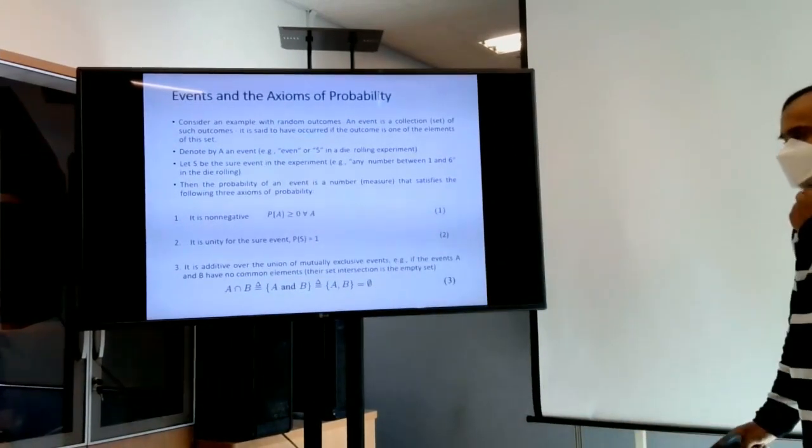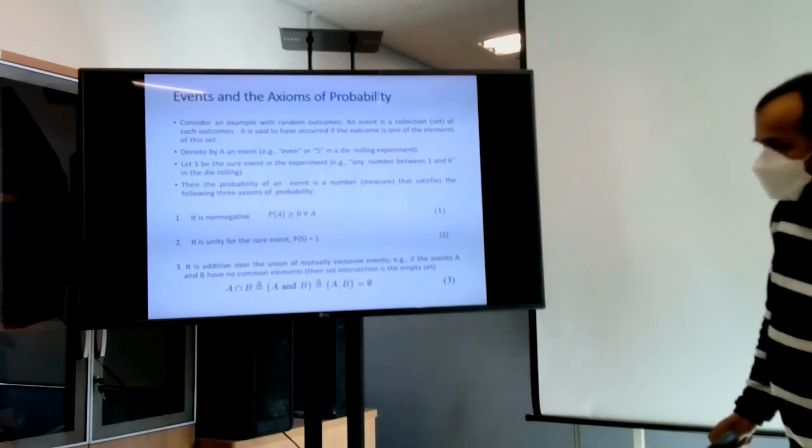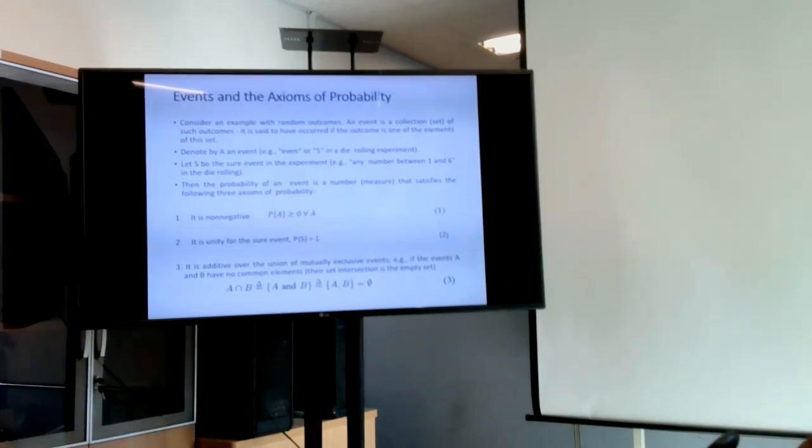For example, if the events A and B have no common elements, their intersection is the empty set.